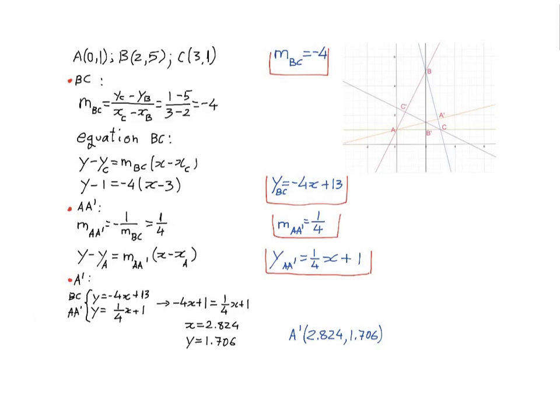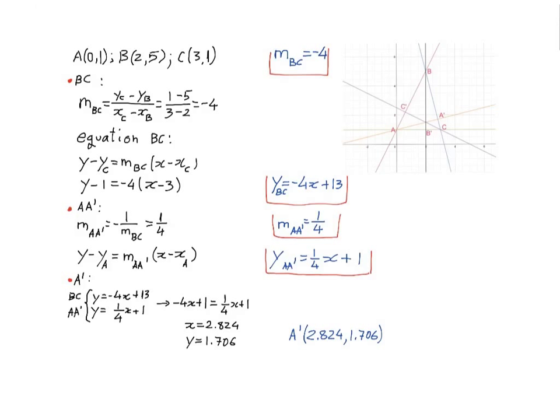In order to find A prime, we solve simultaneous equations for BC and AA prime. That's the intersection of BC and AA prime, which is A prime. And we get minus 4x plus 13 is equal to 1 over 4x plus 1.